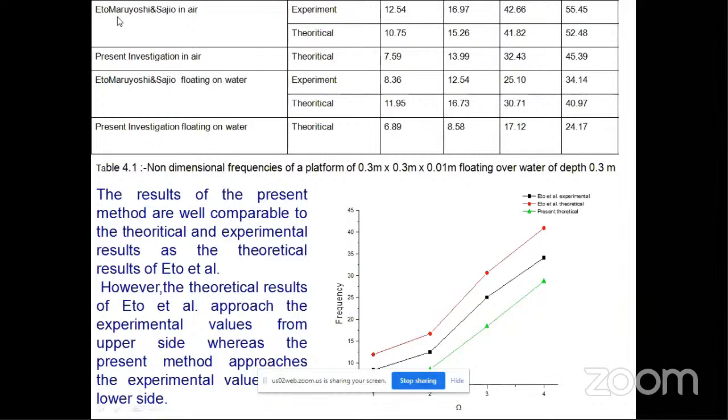Then some earlier researchers have done it in air, and they have done it in water. So experimental values they have got, theoretical values they have got, both in air. But here we have considered the theoretical values both in air and water and compared with the experimental values of those people.